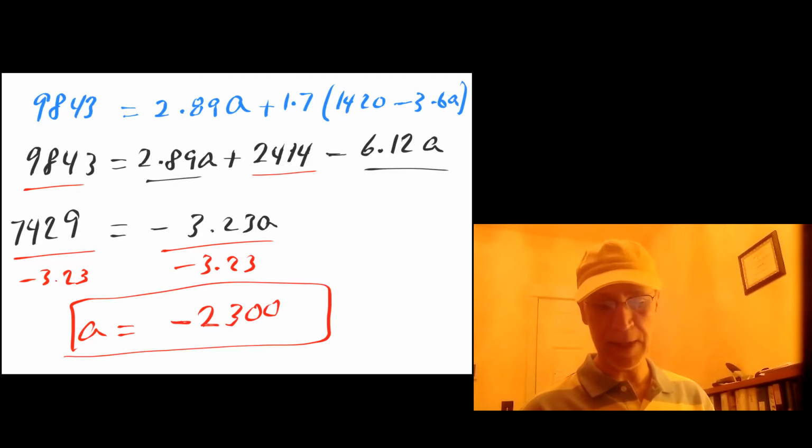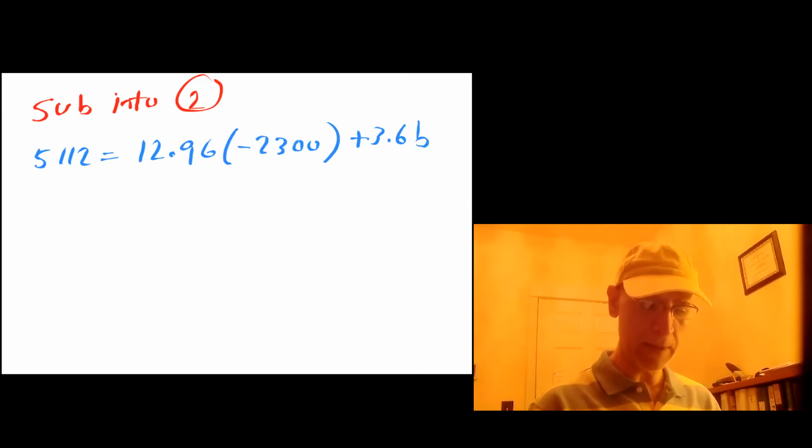To solve for b, I don't have to go far. I can substitute that into, say, equation 2. I get 5112 equals 12.96 times negative 2300, and then plus 3.6b.